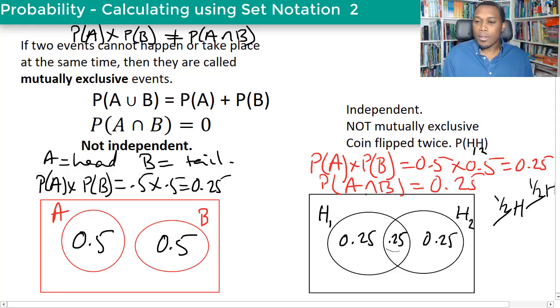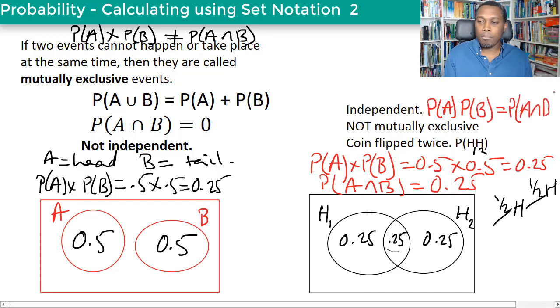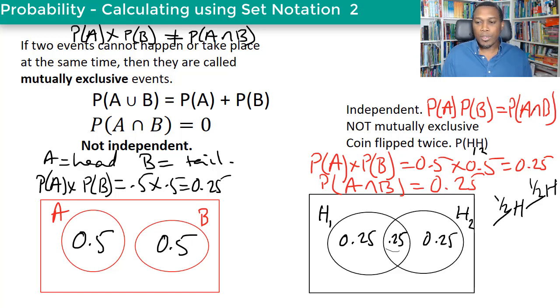So in this example, you can see it meets the test of independence. We say independent because the probability of A multiplied by the probability of B is equal to the probability of A intersection B. So that is fulfilled in terms of flipping a coin twice and getting a head and then a head. Those are independent events.